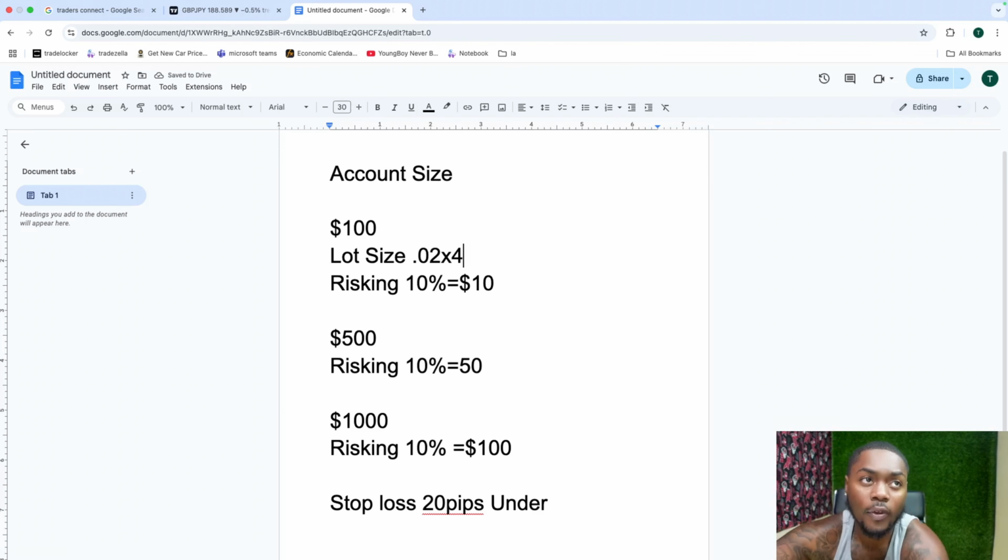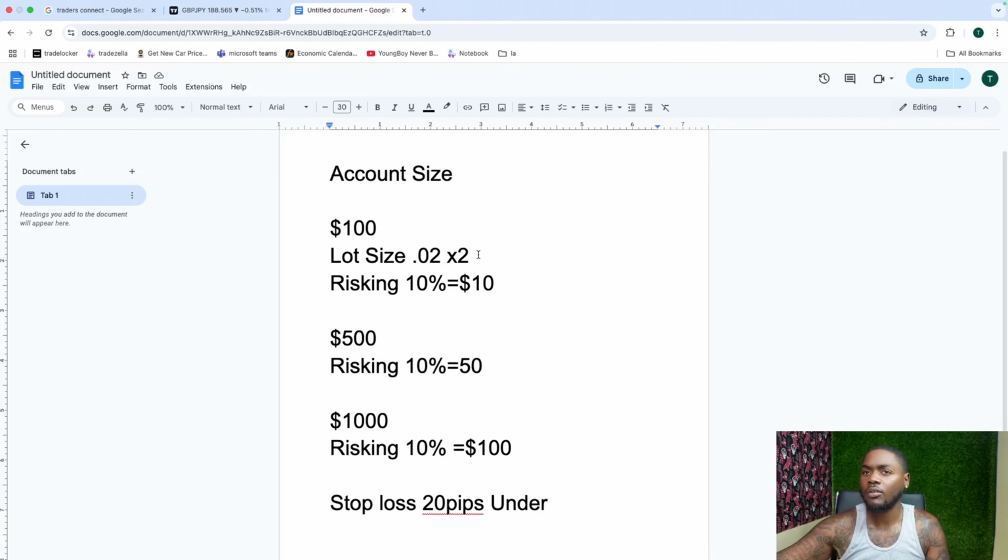So this would be basically 20 cent times 20, which would be 10, right? And if I'm risking 4 of them, which actually should be 2 of them, would be $20.